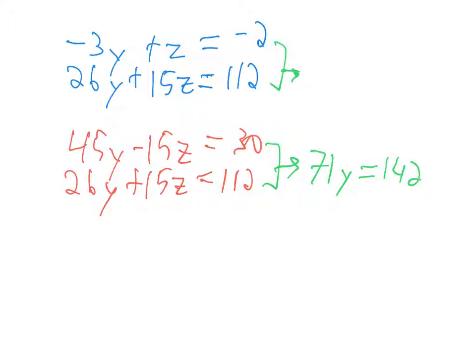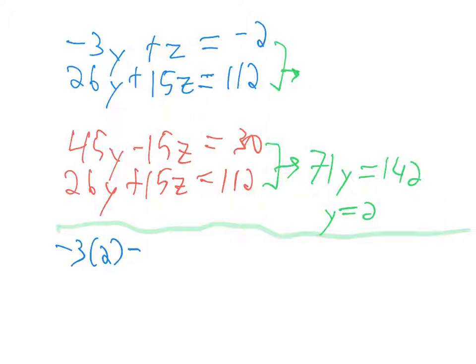But this is easy now because I can isolate y by dividing by 71, and I get y equals 2. Now that y equals 2, I can get my other values just by direct substitution. For instance, I can take that first equation and say minus 3 times 2 plus z is minus 2, or minus 6 plus z is minus 2, or z is 4.